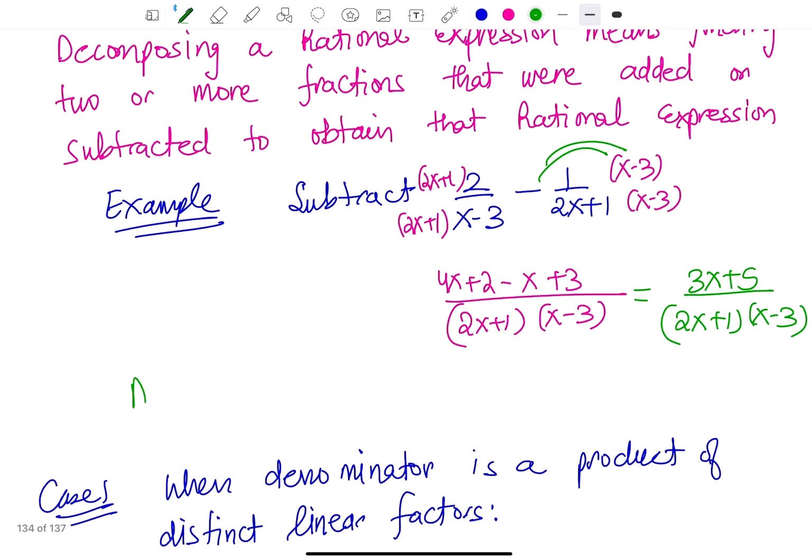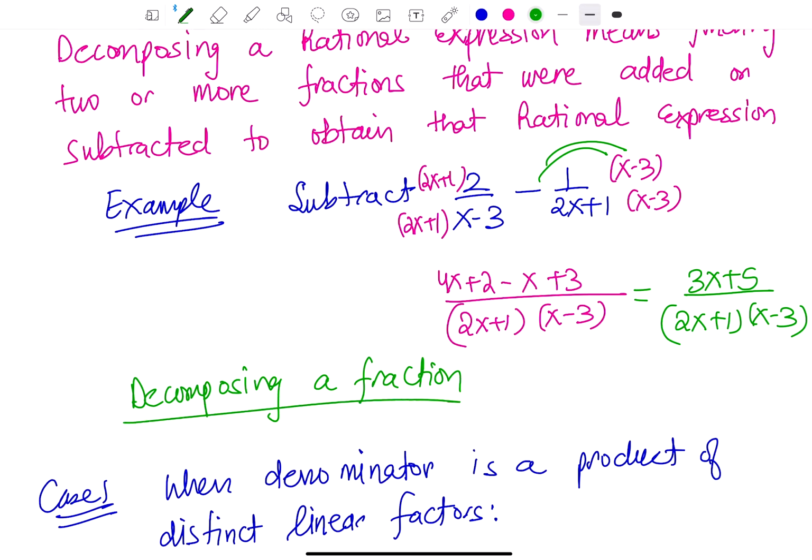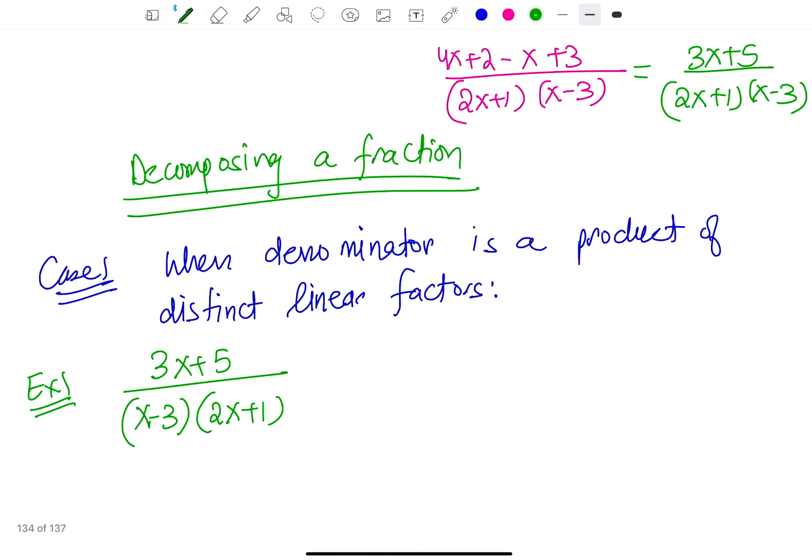Now we will be decomposing this rational expression that we obtained into two fractions that were subtracted to obtain this rational expression. Decomposing a fraction. So case 1 is when the denominator is a product of linear factors, like in this case.